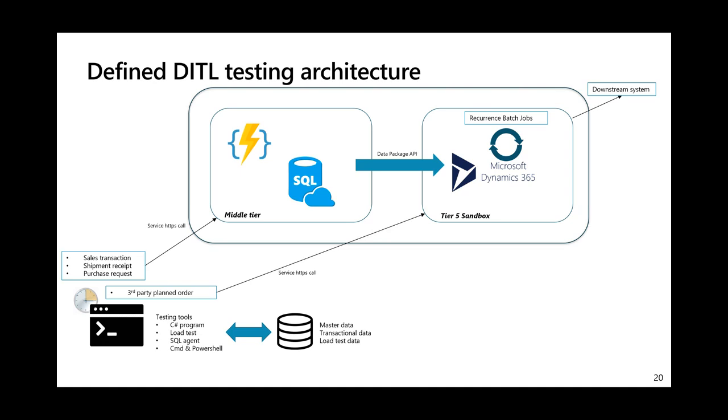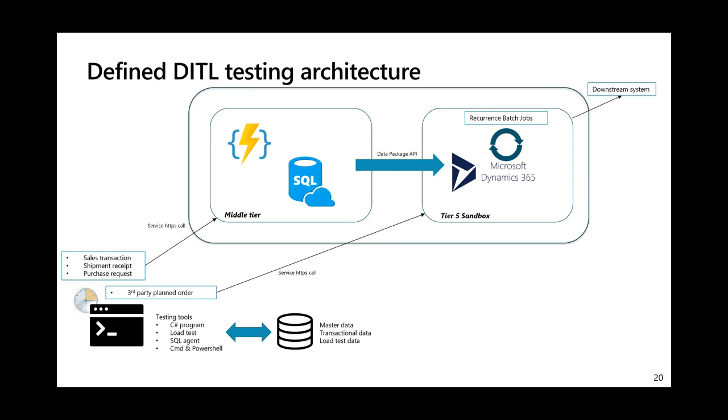When the sales transaction is complete, it makes a service call to consume the middle tier Azure Function endpoint and sends the transaction package to the middle tier. And of course, the middle tier testing environment is provided by the customer, so I do not need to handle the customization in the middle tier. That's why I said in the previous slide, you need to mention the prerequisites in the document, so the team is aware of who owns it.